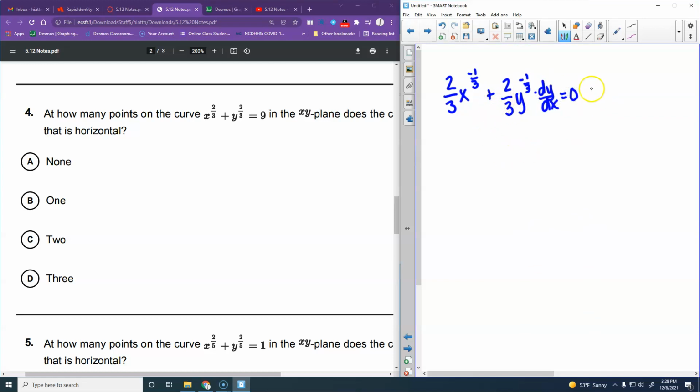So if I move, actually, let's move this over first. So 2/3 y to the negative 1/3 dy dx would equal negative 2/3 x to the negative 1/3 here. And then we would divide both sides by 2/3 y to the negative 1/3.